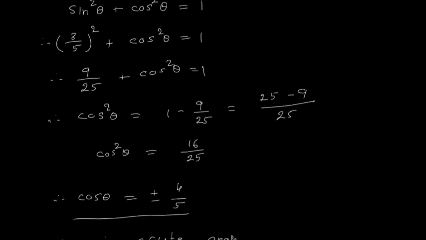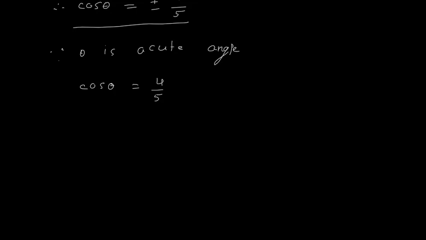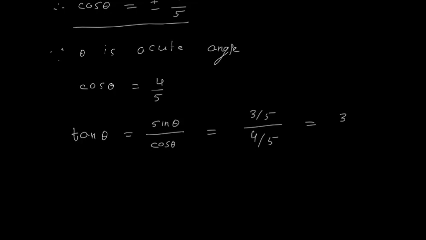And now tan theta, for tan theta we have result as tan theta is sin theta upon cos theta. Now, the value of sin theta is 3 upon 5 divided by value of cos theta is 4 upon 5. So, this denominator 5 will cancel and I have 3 upon 4. So, the value of tan theta is 3 upon 4.